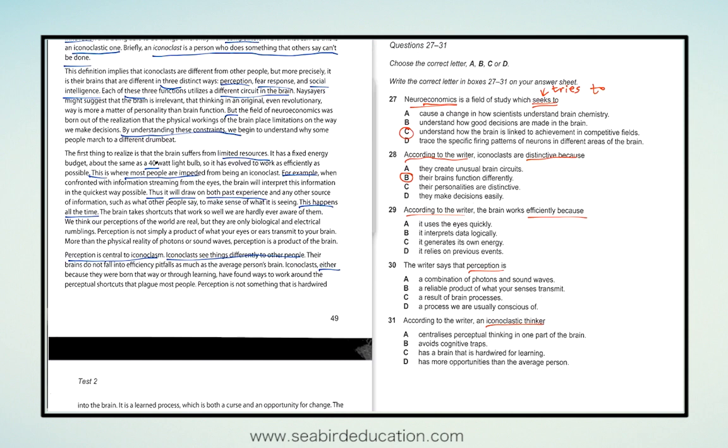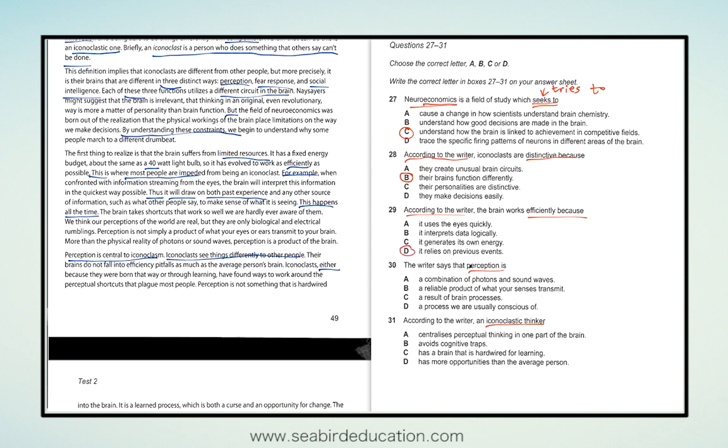It's fixed energy. Work as efficiently as possible. When confronted with information streaming from the eyes, it will interpret this information as quickly as possible. Draw on both past experience and other sources to make sense of what it's seeing, relies on previous events.